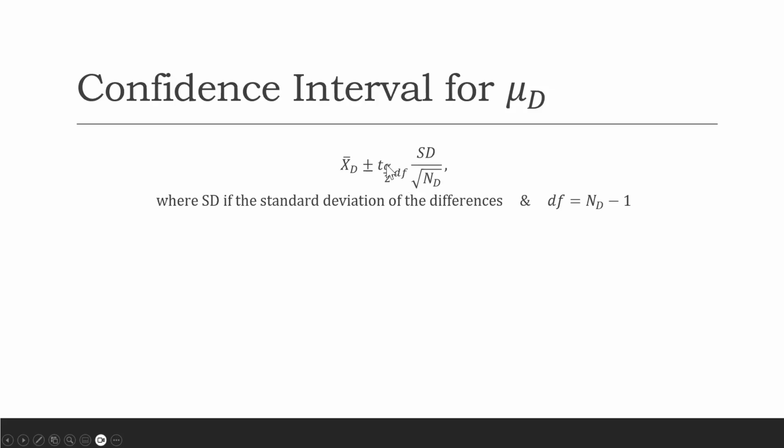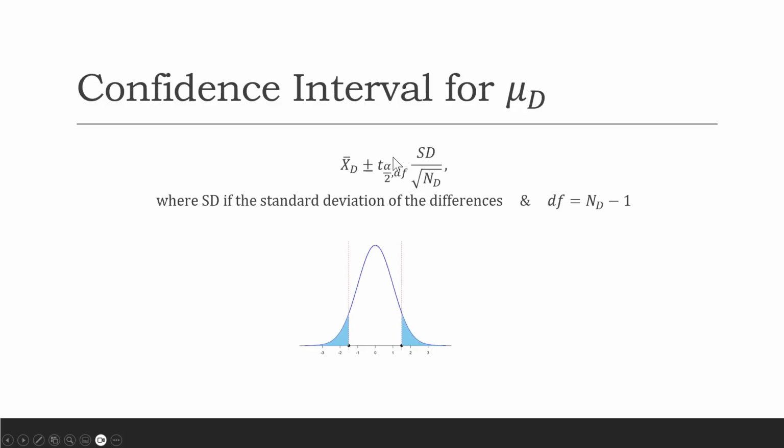Our test statistic is a t, right? Times our standard error. Remember, this SD here is the standard deviation of the difference scores divided by the square root of the sample size, the number of differences, right? And the degrees of freedom for that test statistic is n sub d minus 1.